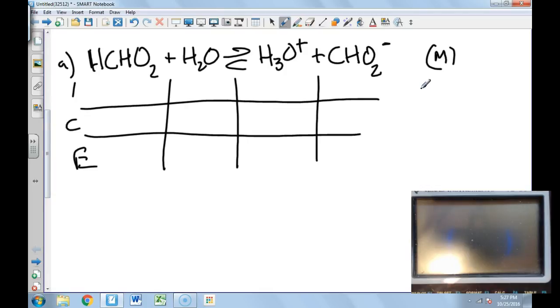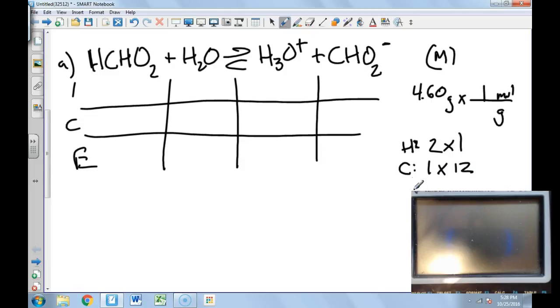So from the problem, we get 4.60 grams of formic acid. In order to convert it from grams to moles, we need the molar mass. So H in this case, there are two of them, each with a mass of 1. Then there's a C, one of them, with a mass of 12.